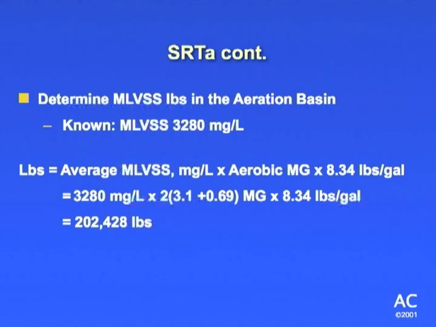In this case, we got 2 tanks, so 3.1 plus 0.69, because you got a full side. Like we're using tanks 3 and 4. This 5.65 is wrong. And then times 8.34, this part's correct. You will have 202,428 pounds under aeration of VSS.